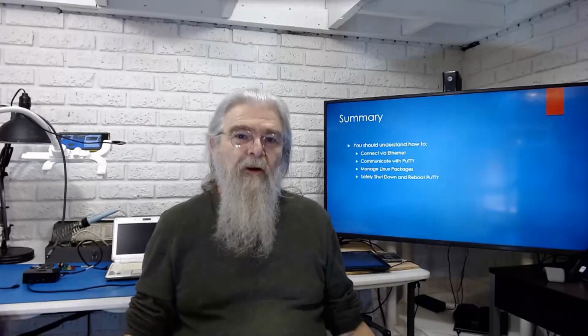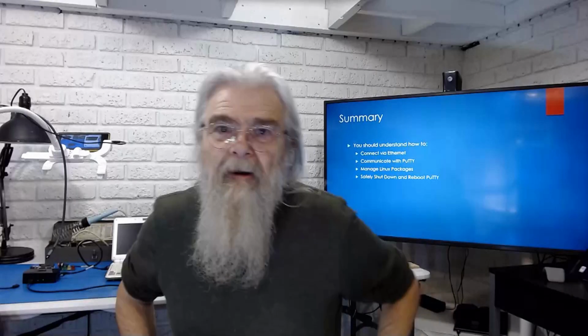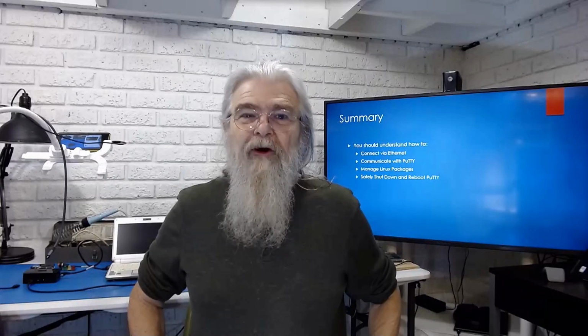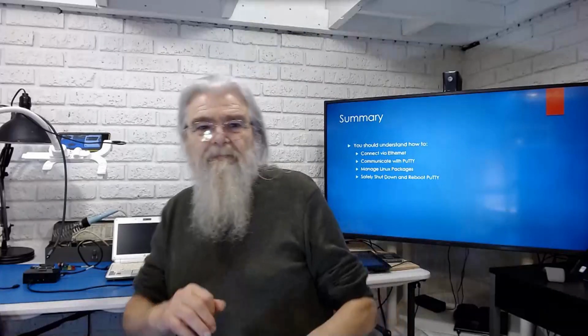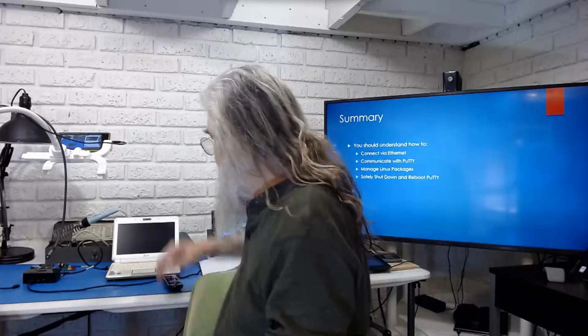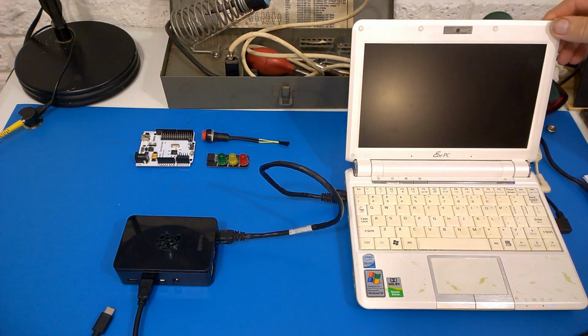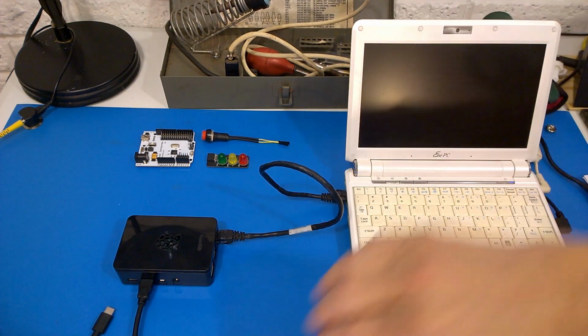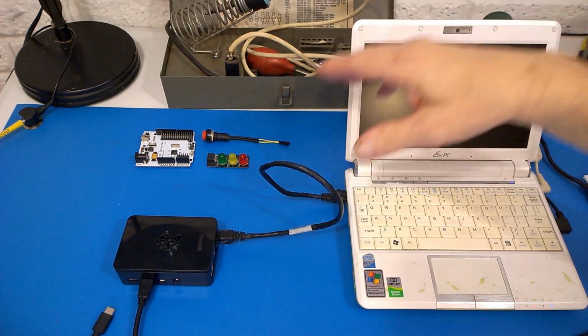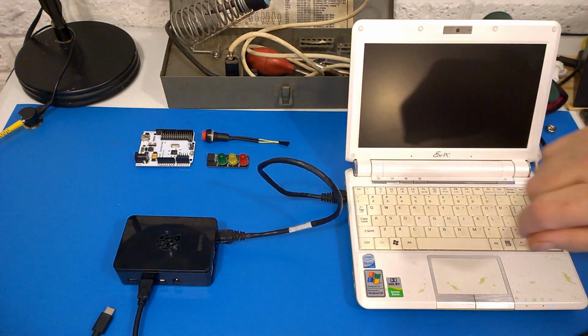Well, what we're going to do now is move over into demo mode, and start looking at some lab demonstrations on how we do these things. So, in our lab, this is our PC, this is our Pi, here's our patch cable.